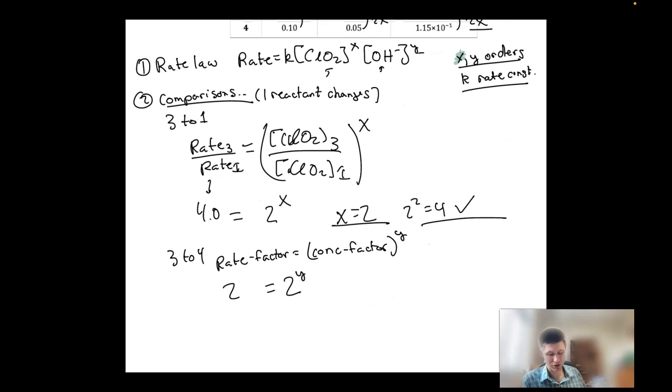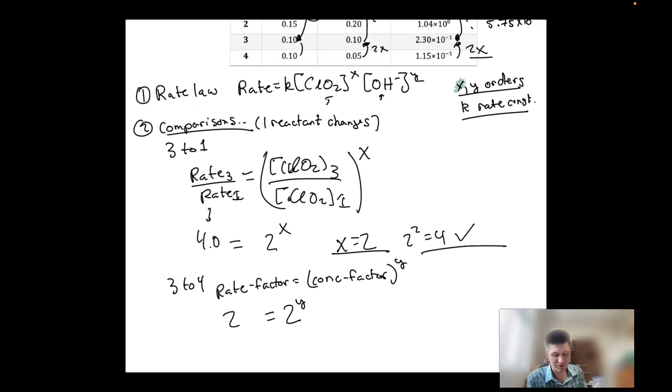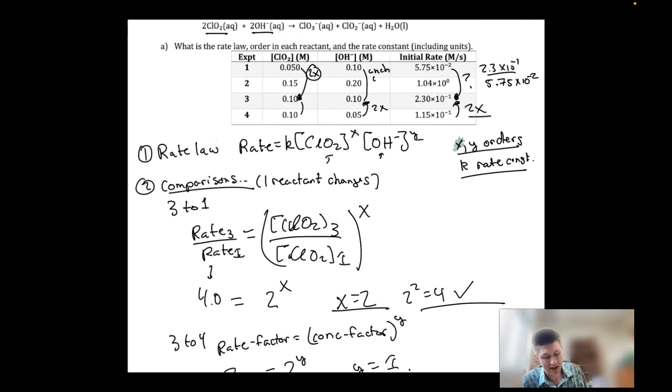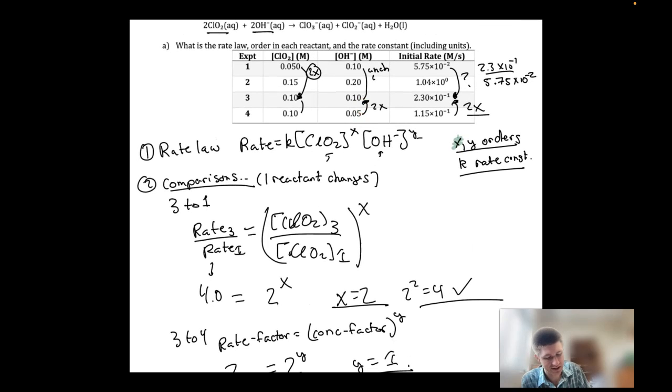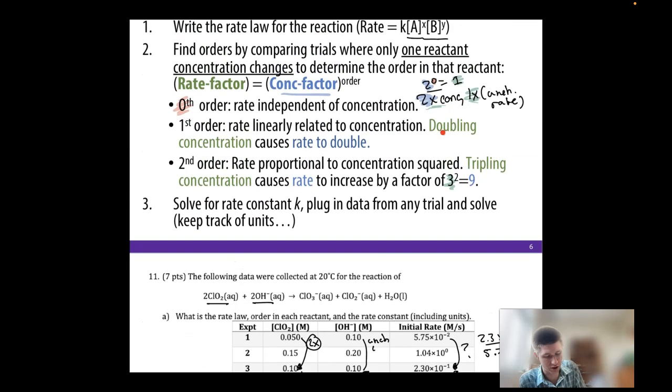So 2 is equal to 2 to the y. And in that case, again, we don't even really need the math as much here. I mean, we can see that y has to be equal to 1. And you could also just see this by inspection. In this case, when we double OH minus, we double the rate. That's a direct or linear relationship, which is our mark of first order, right? So first order, doubling concentration causes the rate to double.